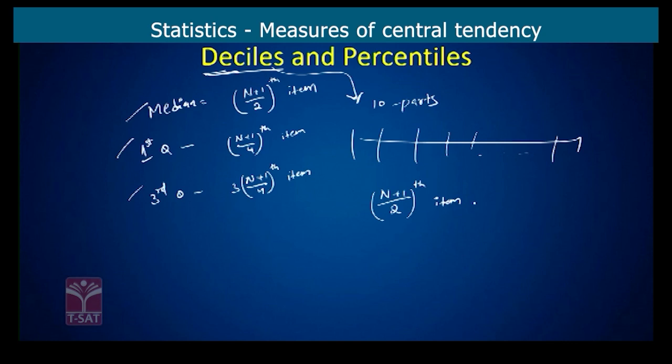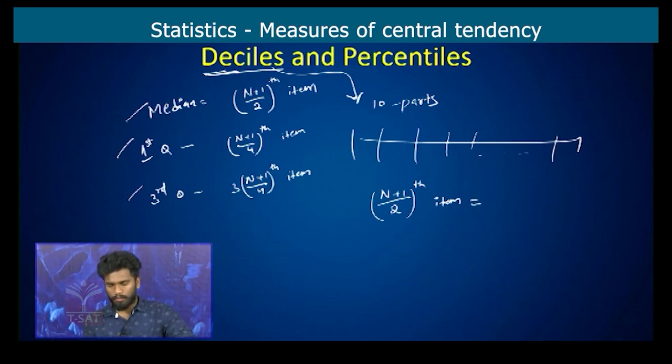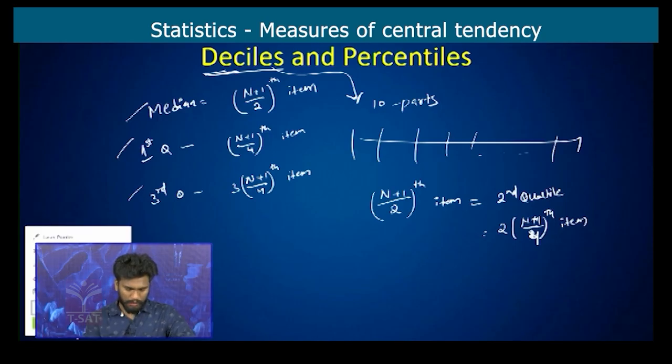The median is nothing but the second quartile, which is 2 into (n plus 1)/4th item.